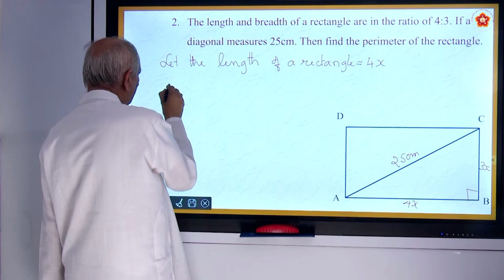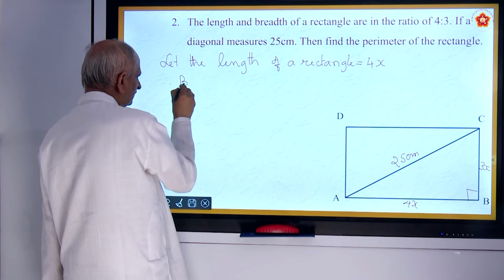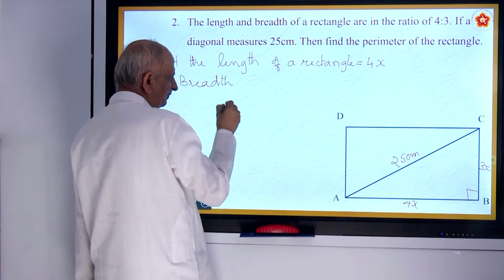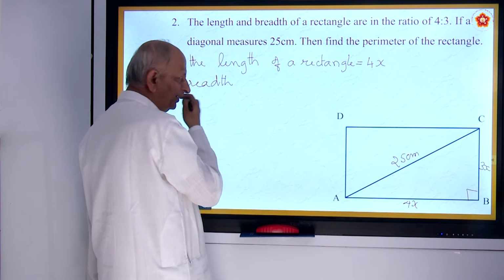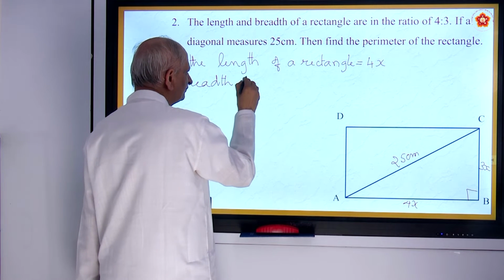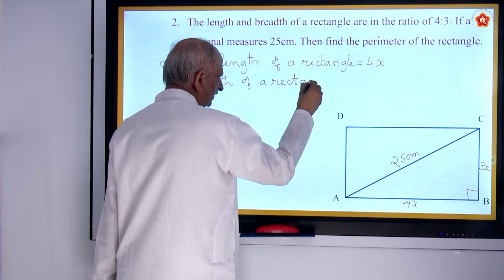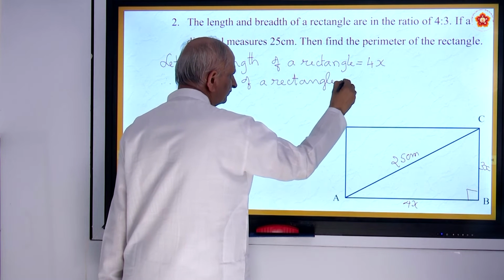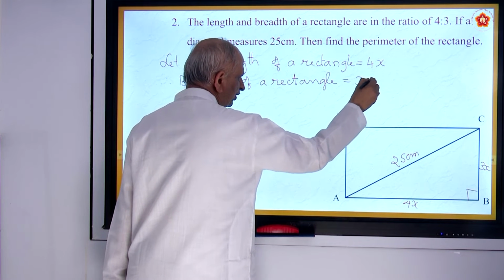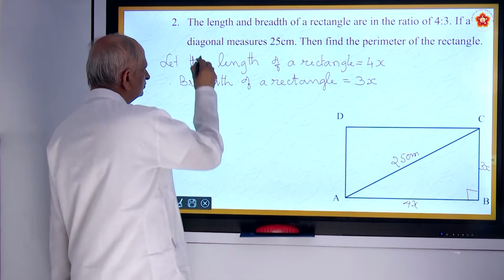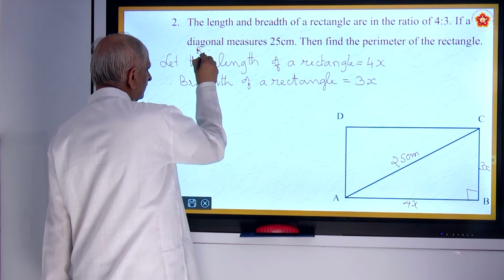So therefore what happens to breadth? So breadth of a rectangle. What is the difference between length and breadth? Length means longer side. So breadth means shorter side. So breadth of a rectangle is equal to, ratio is 4:3. Is it not? So you have to write the first step.